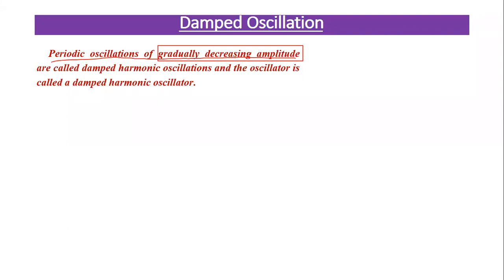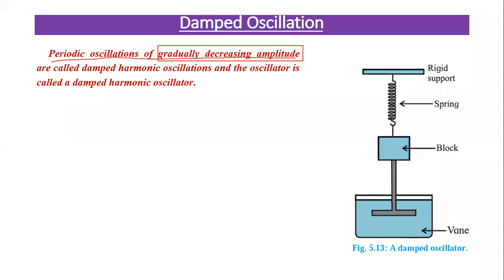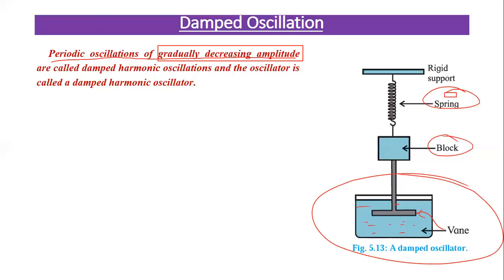Now you can see the diagram also. In the diagram, this is a spring, this is a block, and here some liquid is there. In that liquid, you can see this vane. When we give oscillation to the block, if this vane is absent, then the block starts oscillating to and fro.